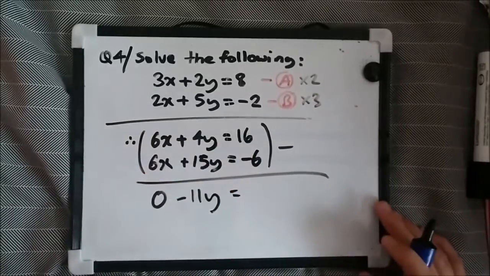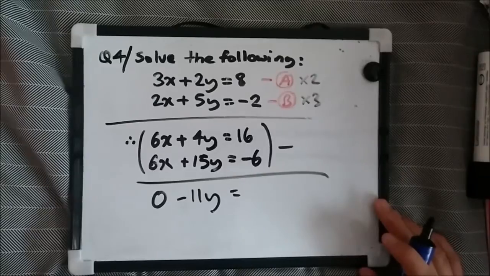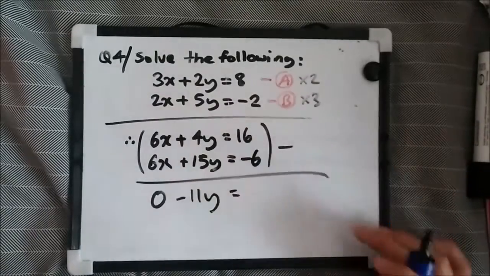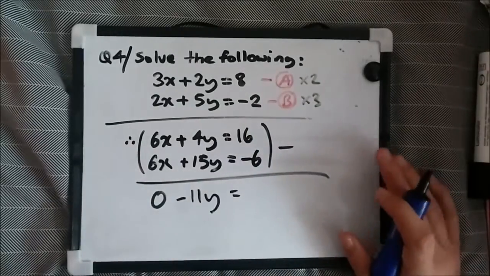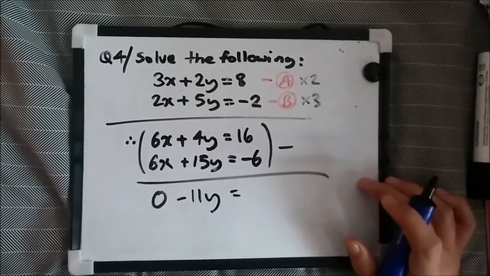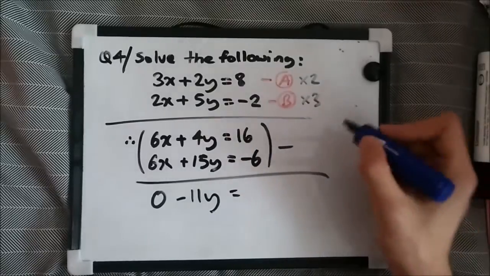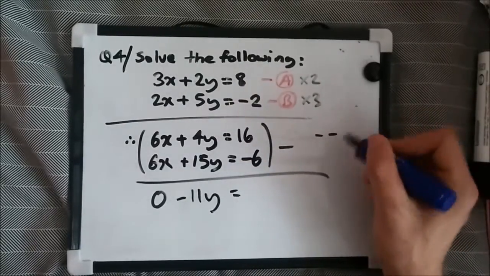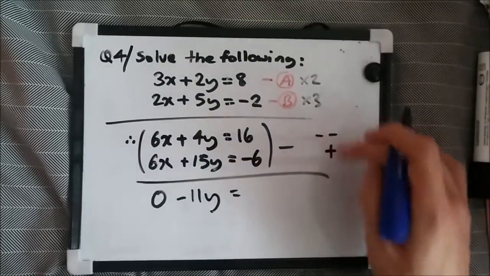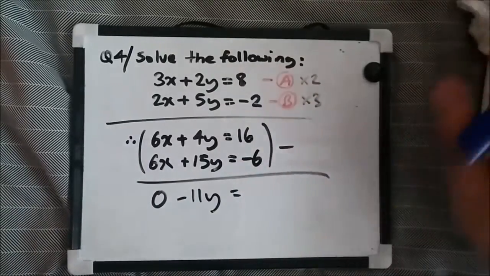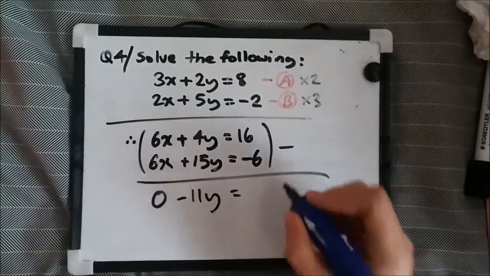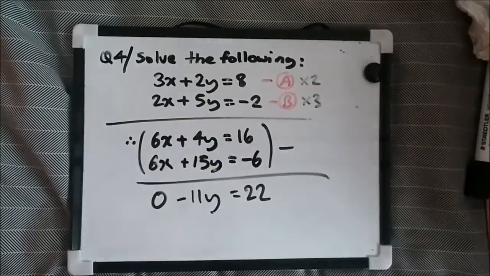I would just stick with a calculator to avoid any mistakes if you have one. Now this one, 16 minus minus 6. It sounds kind of weird, but 16 minus minus 6 is not minus anymore. It becomes a plus. I like to think of it as two minuses smashed together, you get a plus. Easy as that. 16 minus minus 6 therefore is 22.